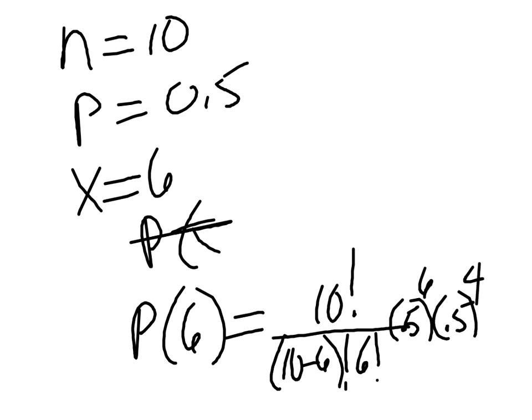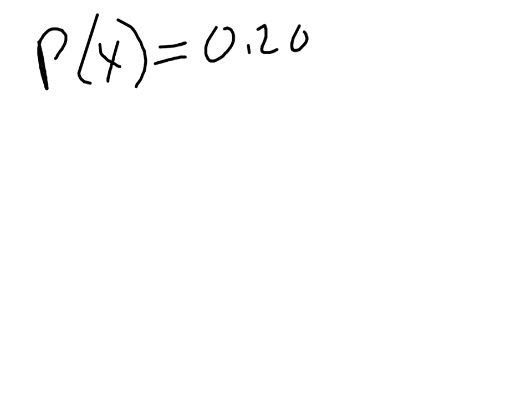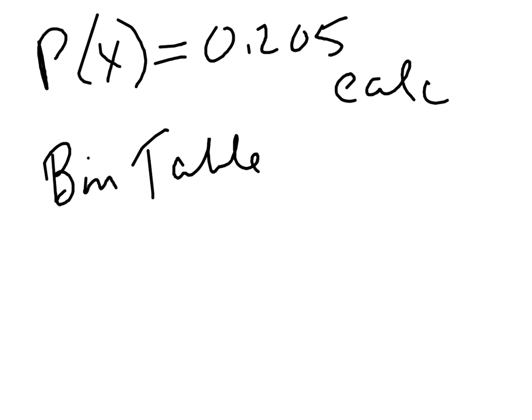If we used our formula, we would have gotten the answer of, I could just go back and look it up real quick, but it would be 0.205. That's calculated, and from our binomial table, we shouldn't be surprised that we would get the exact same answer. You can verify this.